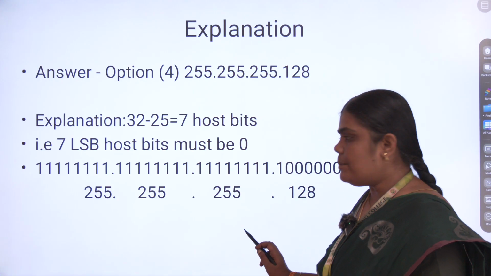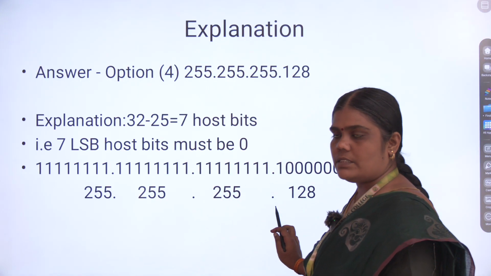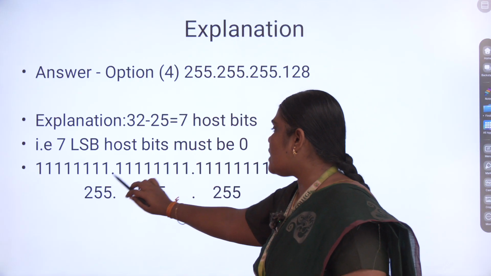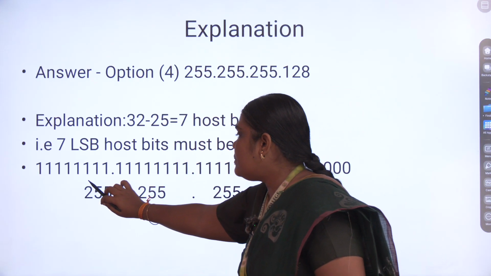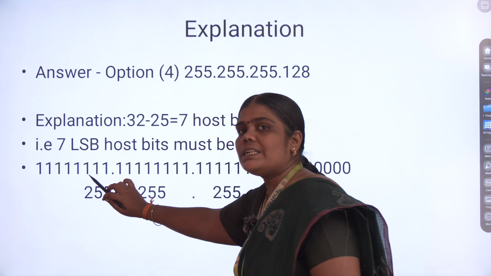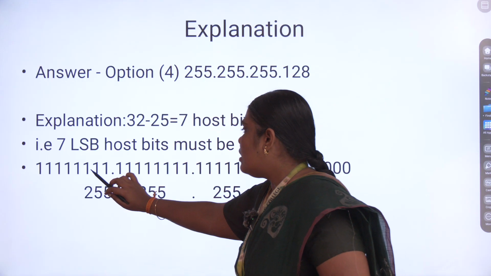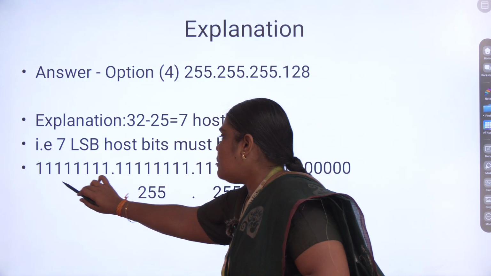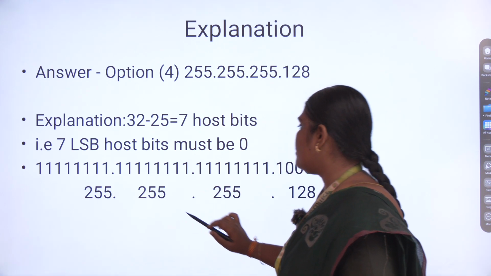When they ask for the subnet mask, all the bits should be 1 except the host bits. So here, of the 4 8-bit octets, if we set an octet, which is nothing but an 8-bit binary number, so all the 8 bits are set to 1, it is 255.